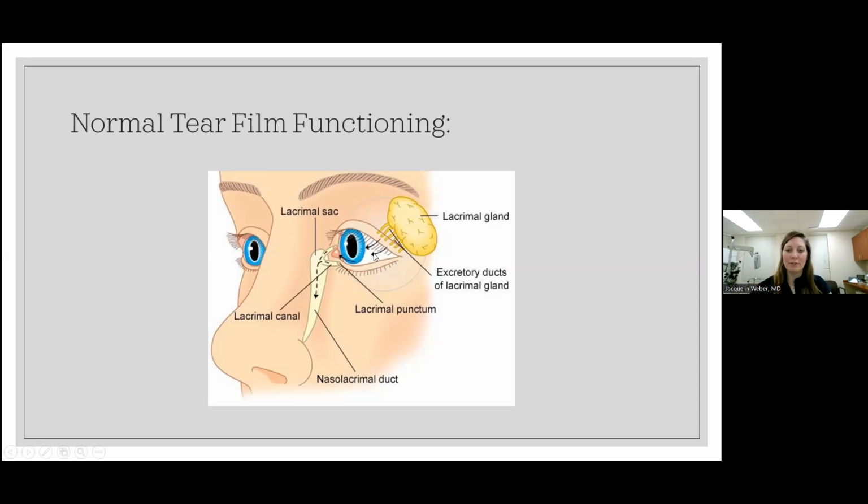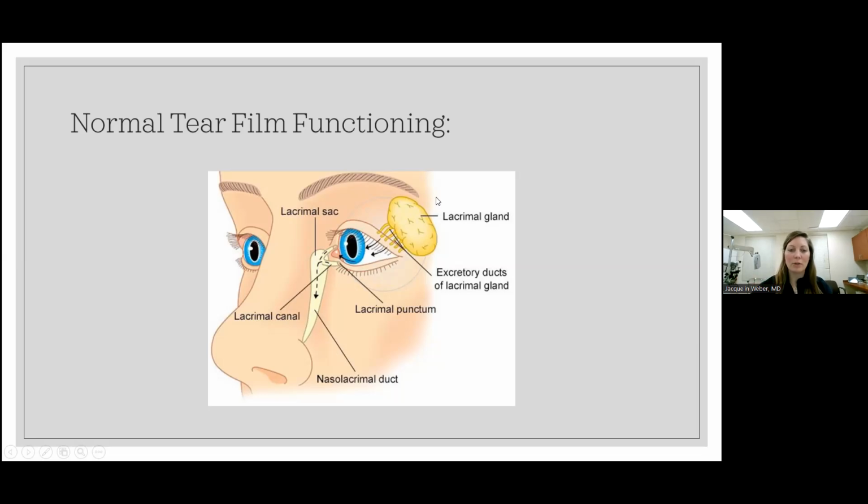And over the course of a few seconds with normal blinking, the tears will move towards the nasal portion of the eye, the inner corner, at which point there are two small openings, one in the upper and one in the lower eyelid. And those openings connect to two small drains that then join in the back of the nose, and they drain the tears down the nose to an area in the sinuses that can connect to the back of the mouth as well.